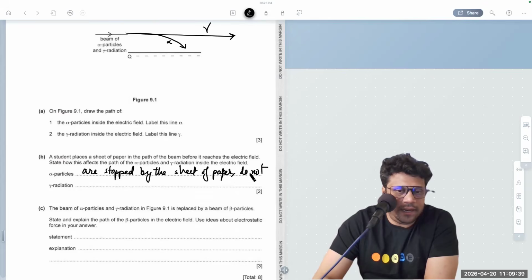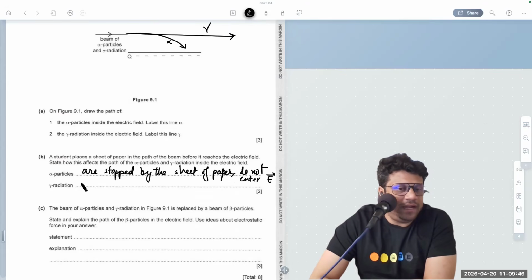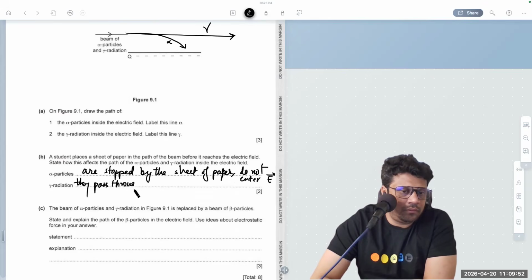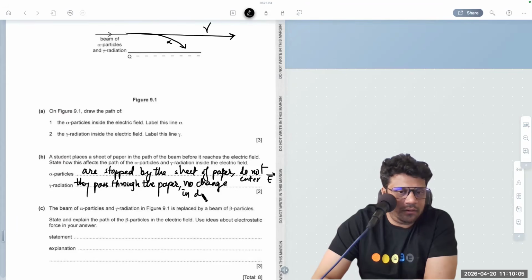They do not enter the electric field. What about gamma radiation? Well, they pass through the paper and no change in direction.